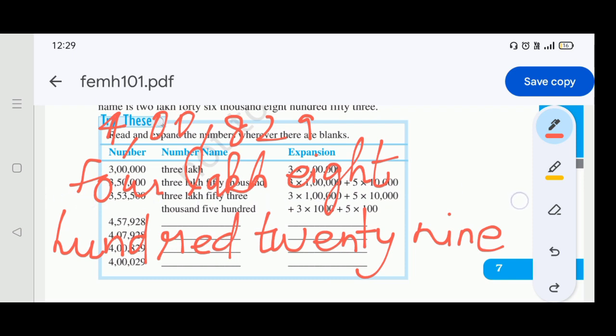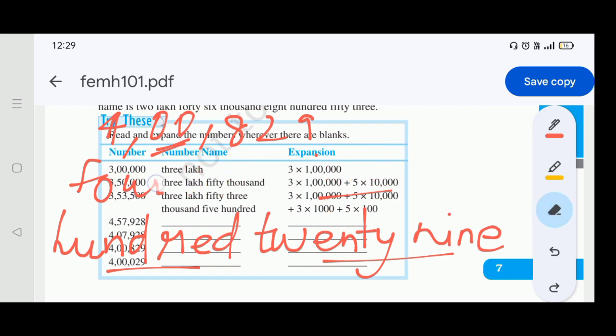So we can write 4,829 as the number name would be 4,800. So 4 lakh, there is no thousands place or even 10,000s place. So we can directly write 829.